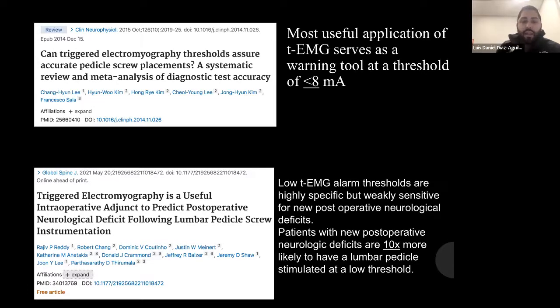And so the main finding from this paper is that these thresholds are highly specific but weakly sensitive for new post-operative neurologic deficits. However, patients with new post-operative neurodeficits are 10 times more likely to have had a lumbar pedicle screw stimulated at a low threshold within the procedure.